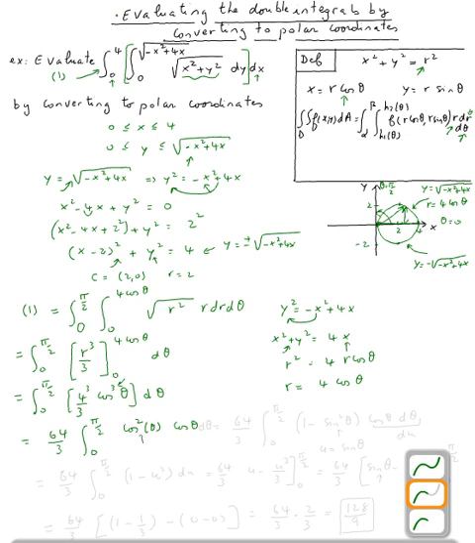But cosine squared is 1 minus sine squared, so 1 minus sine squared theta times cosine theta d theta. Now if I call u sine theta, du is automatically going to be cosine theta d theta.